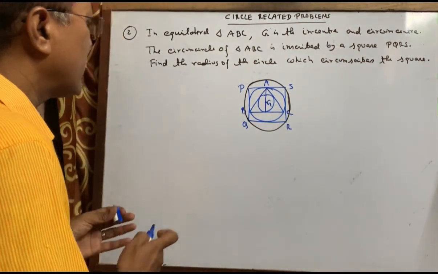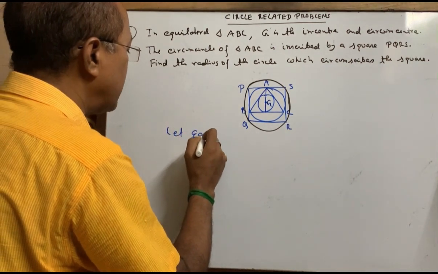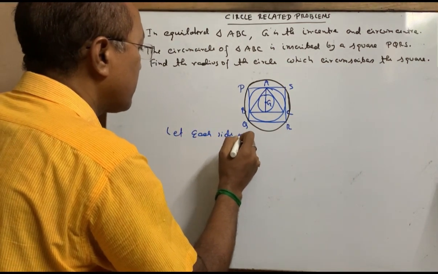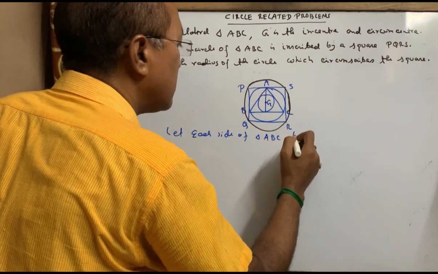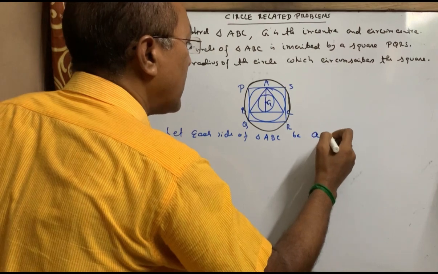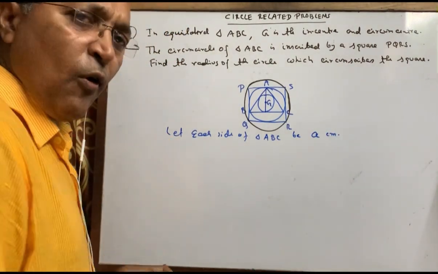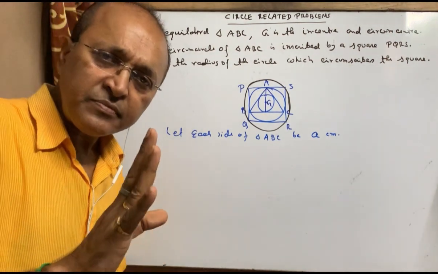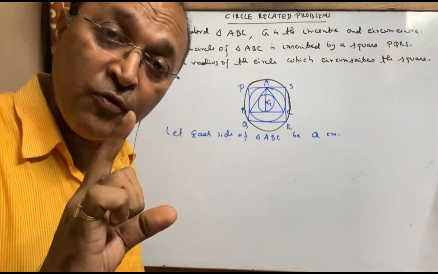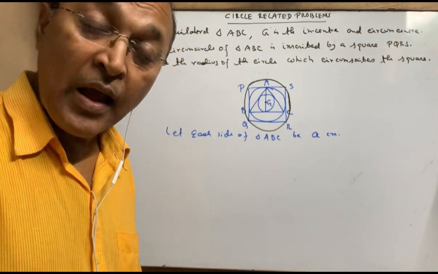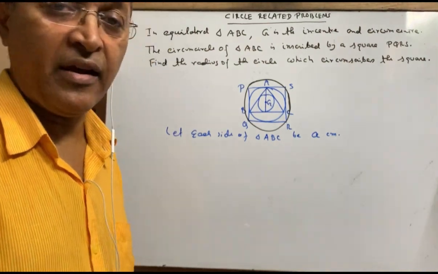Now we are considering, let each side of triangle ABC be a centimeter. All of you know that inradius is 1/3 of height of equilateral triangle and circumradius is 2/3 of height of equilateral triangle.